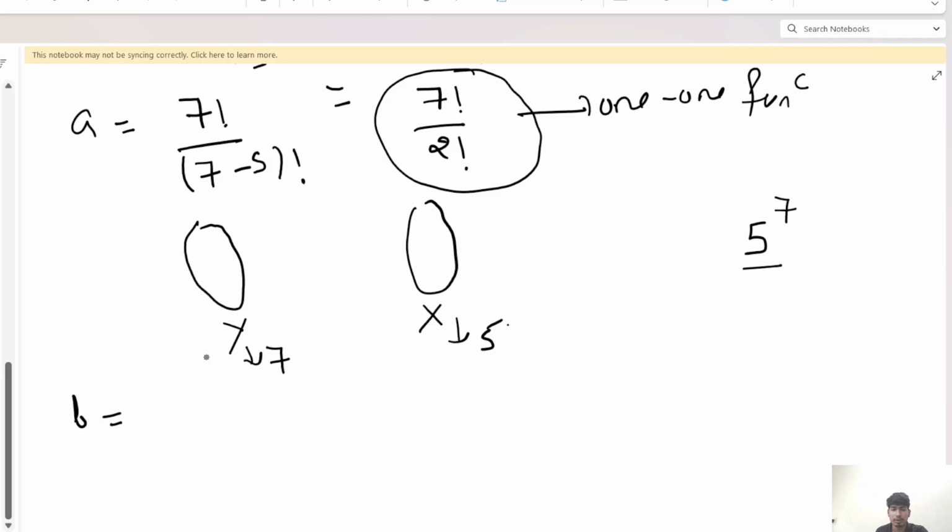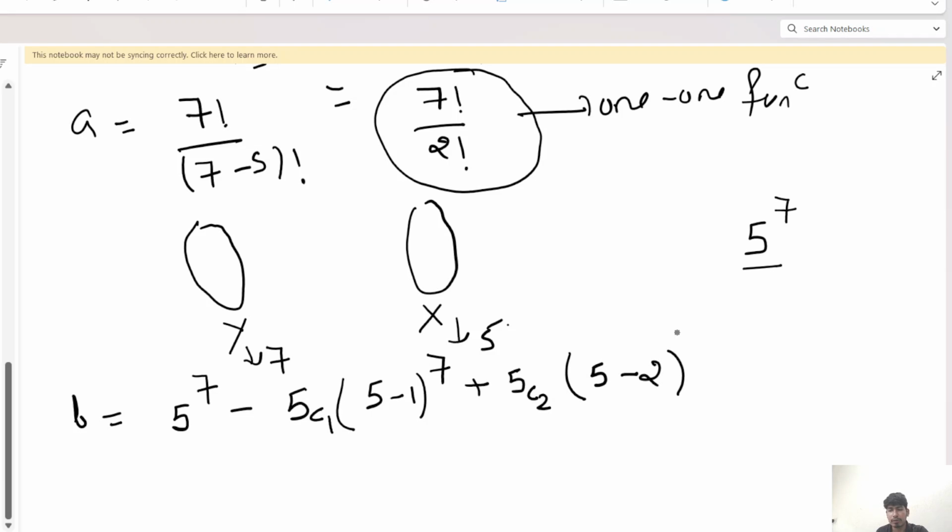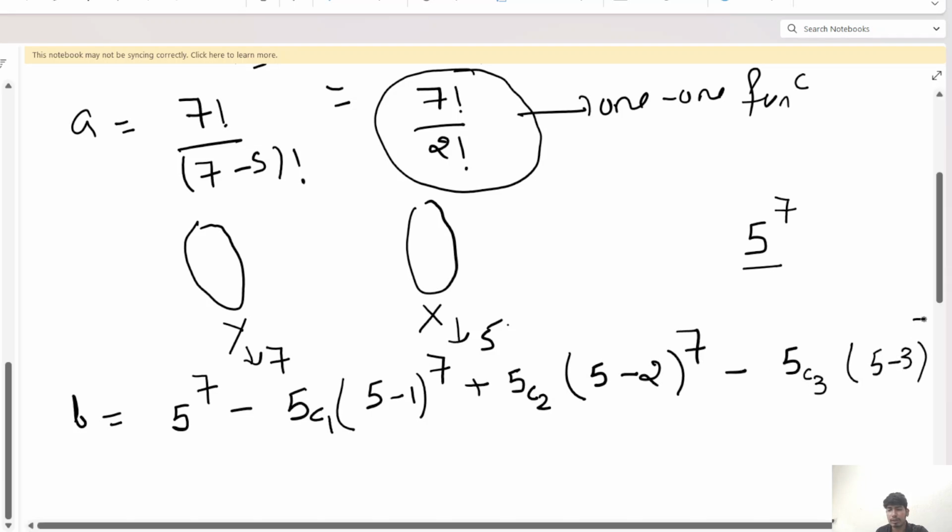Then 5 to the power 7 minus 5C1 times (5 minus 1) to the power 7, plus 5C2 times (5 minus 2) to the power 7, minus 5C3 times (5 minus 3) to the power 7, plus 5C4 times (5 minus 4), that is 1.